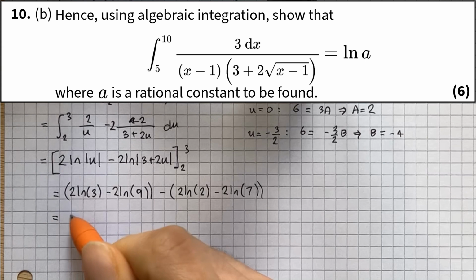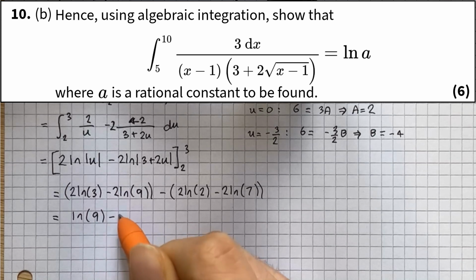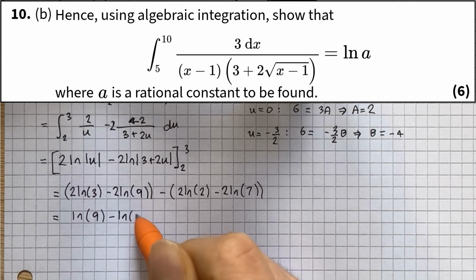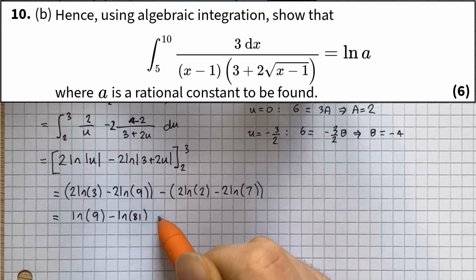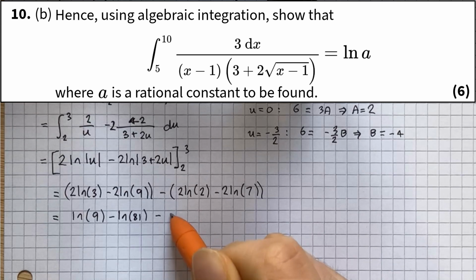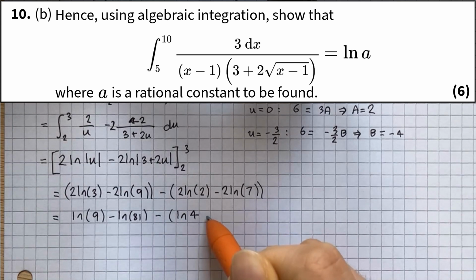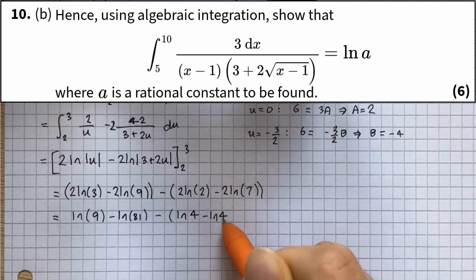I'm going to bring up the 2 into the logarithm, so it's going to be logarithm of 9 minus logarithm of 81. And we're going to subtract all of logarithm of 4 minus logarithm of 49, because it's 7 squared.